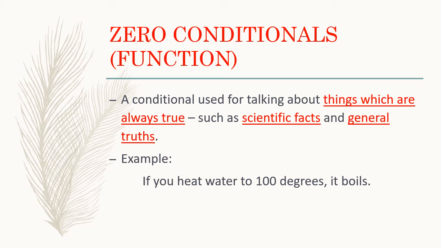If you heat water to 100 degrees, it boils. That is a scientific fact. Okay? So again, we use zero conditional for things that are always true, backed up by science or general truths. We will have several examples on the next slide, so you will have a better idea how zero conditionals are used.